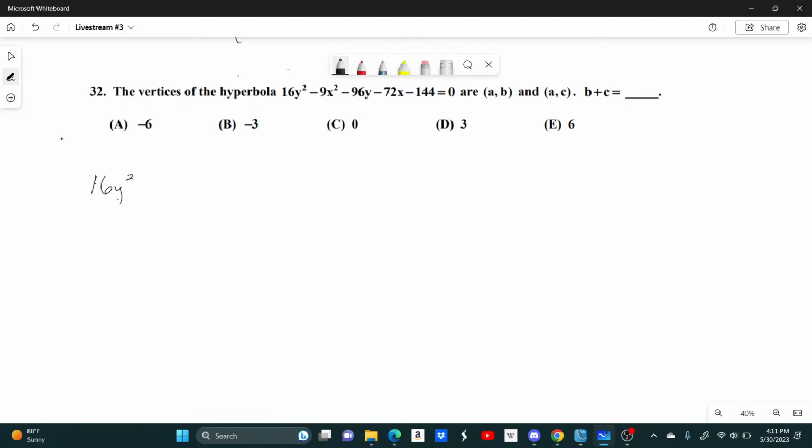16y squared minus 96y, and then minus 9x squared minus 72x equals 144. Oh my gosh, my pen is struggling a little bit.